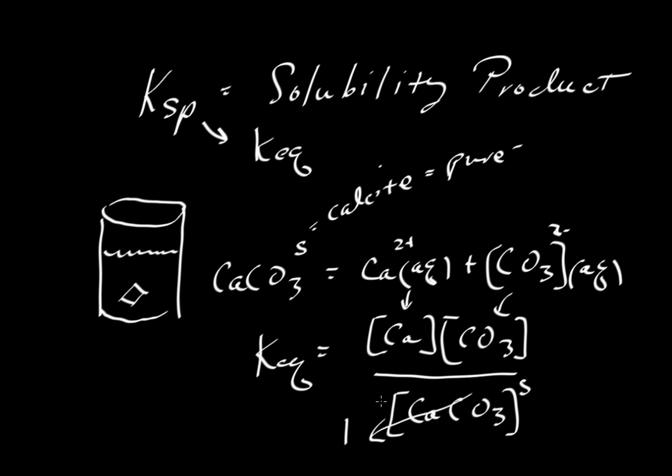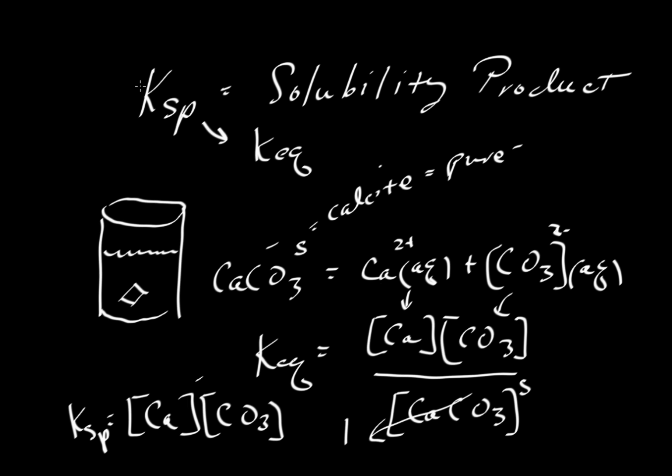It can drop out of the equation, and so we can rewrite the K sub EQ as just a function of the product of calcium ion and carbonate ion, and instead of calling it K sub EQ, we call it K sub SP. So that's the solubility product, where we are looking at just the products, and I think that's the origin of the term. We're looking at the solubility of calcite, but here we only need the products rather than the reactants. The reactants really make no difference to us.